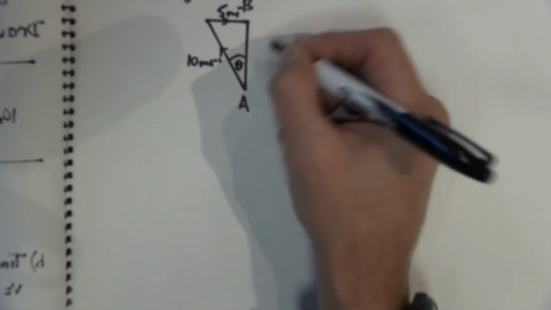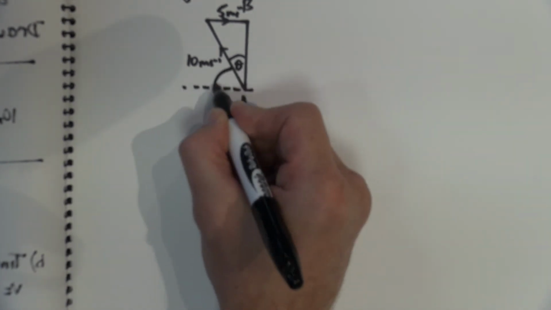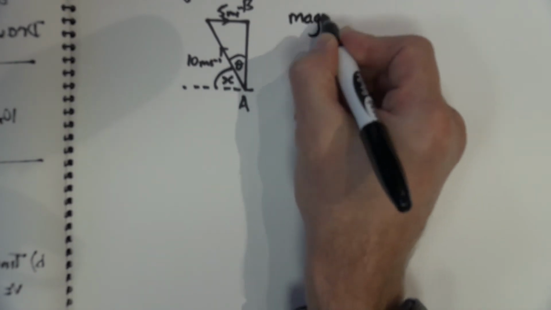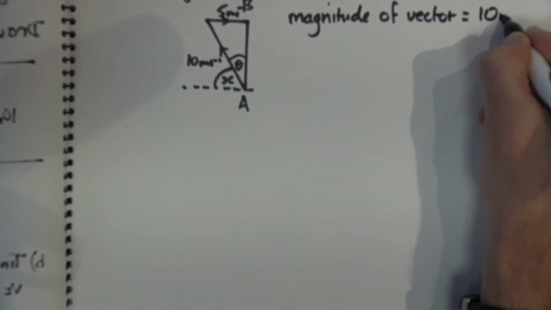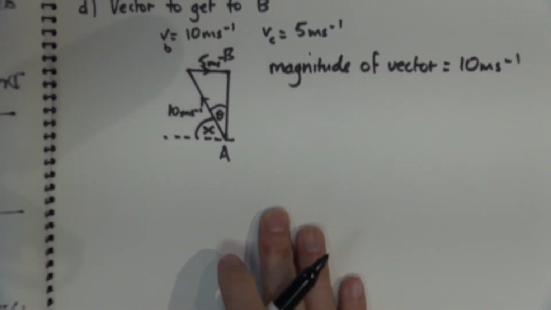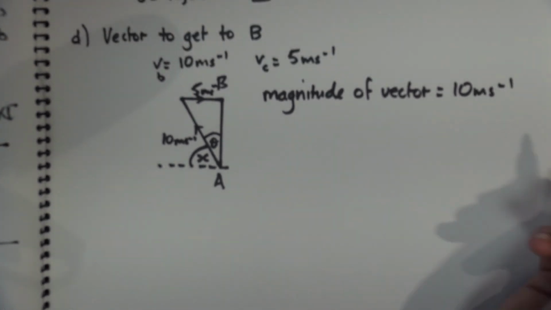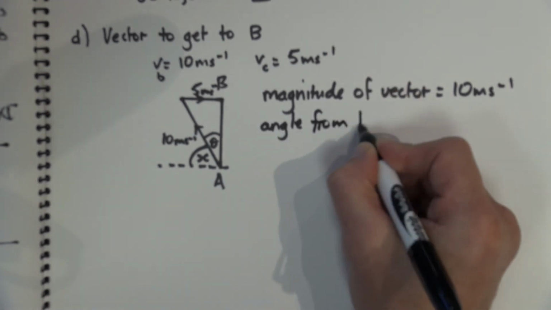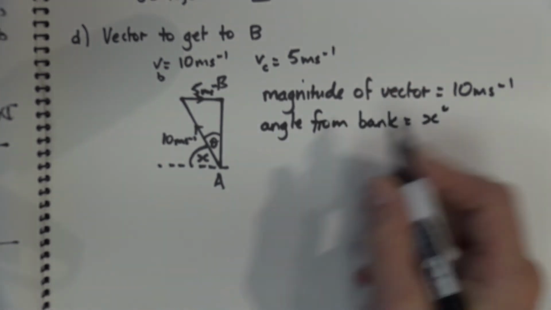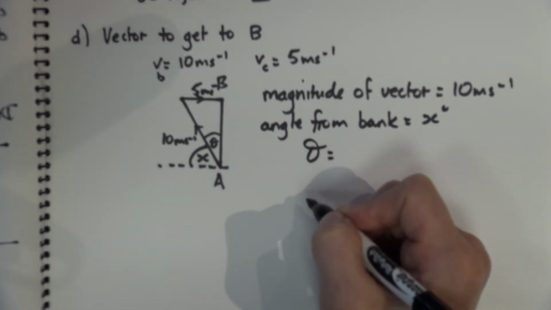Now I know I'm travelling at 10 meters per second, so I'm going to have to find that angle, which is going to be x, to the riverbank. My magnitude, the size of my vector, is 10 meters per second. This is what was stated in the question. So I'm now going to find x. Angle theta will be the angle inside the bank, and I'm going to find it from x.